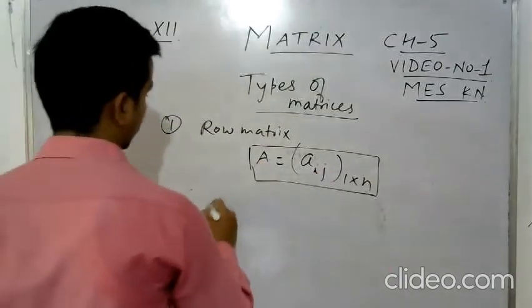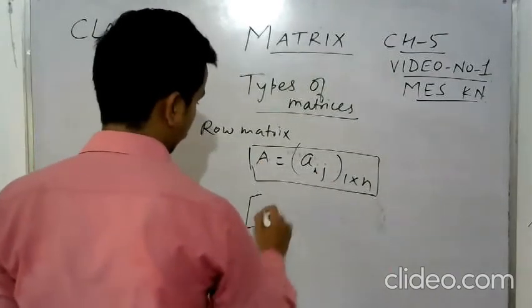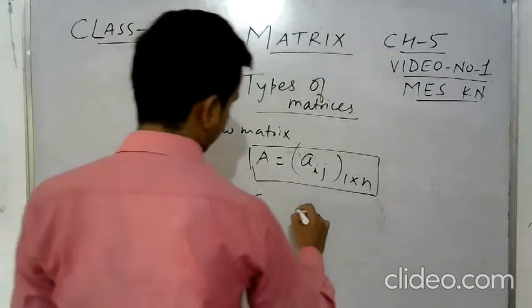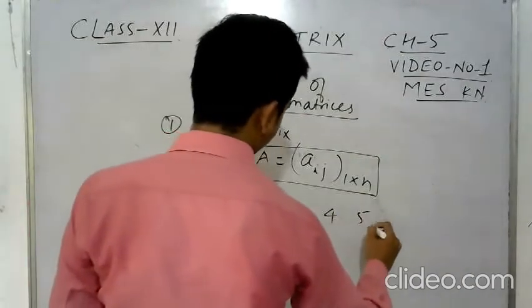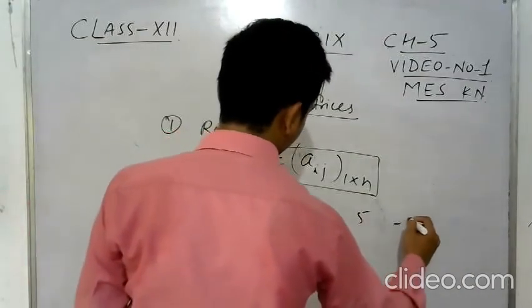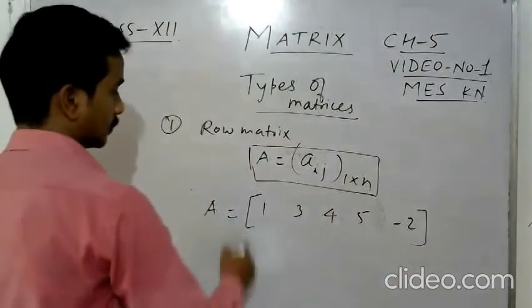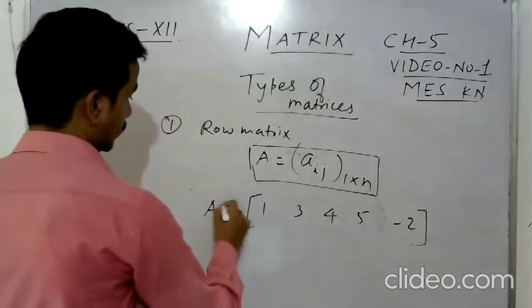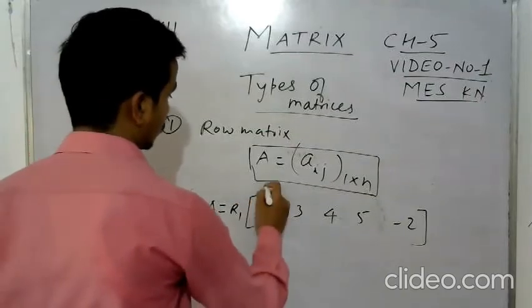For example, A is equal to [1, 3, 4, 5, -2]. So this is a row matrix. You have only one row, and how many columns?